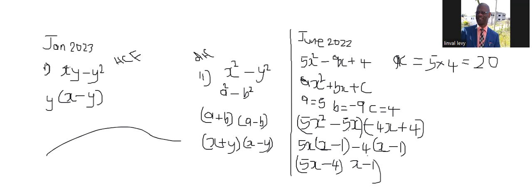Good? And that's your answer. Right? Now, again, you could go ahead and expand the brackets. If you expand the bracket, you should take it right back to 5x squared minus 9x plus 4. Right? So there you have it for the January 2023 and the June 2022 paper. Right? So make a note of that.